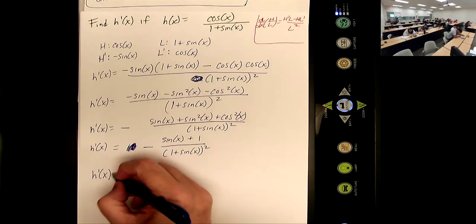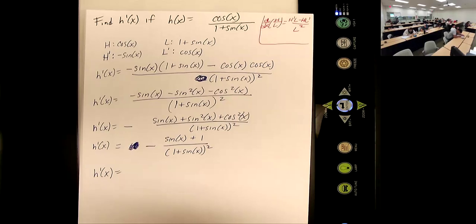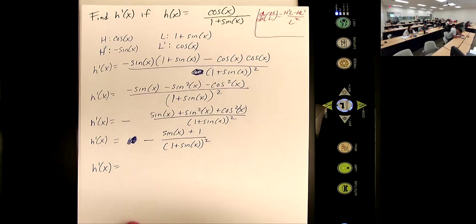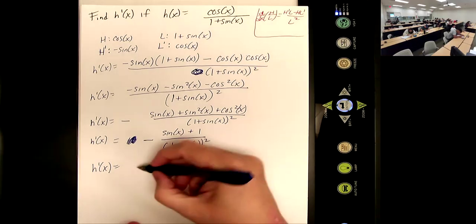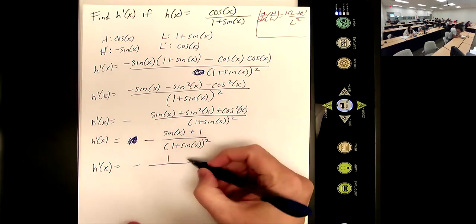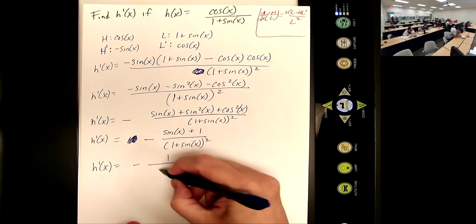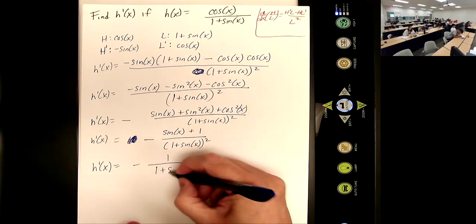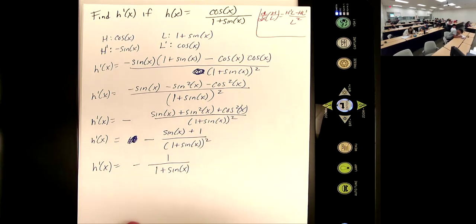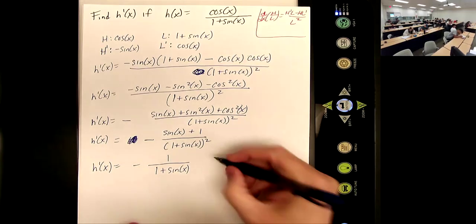So what do we end up with for h prime x? Notice the sine x plus 1 is in a different order, but it does cancel one of the things on the bottom. Or you put the negative on top.